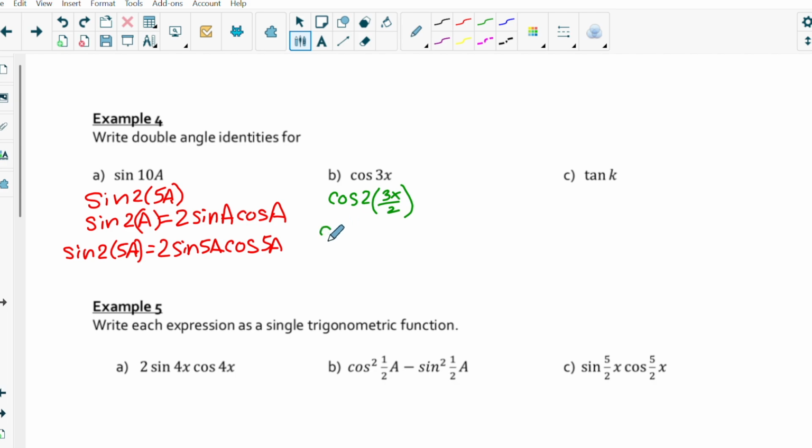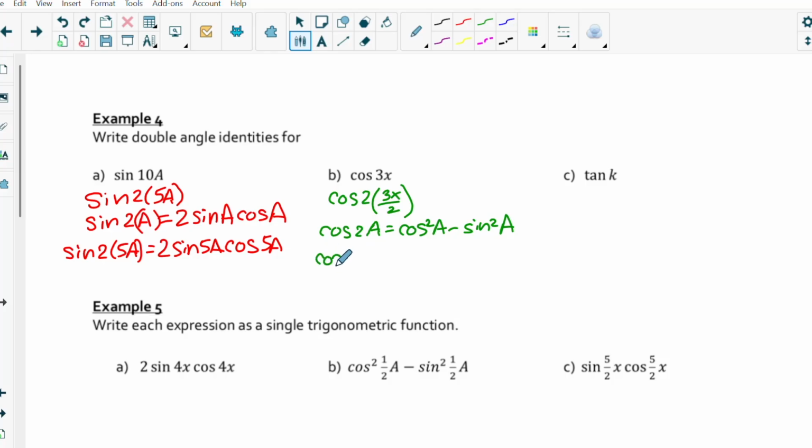Okay, and then here's my cosine version of my identity. Cosine of 2a equals, I'm just going to use that first variant, cosine squared of a minus sine squared of a. Wherever I see an a, I'm going to substitute 3/2 x.